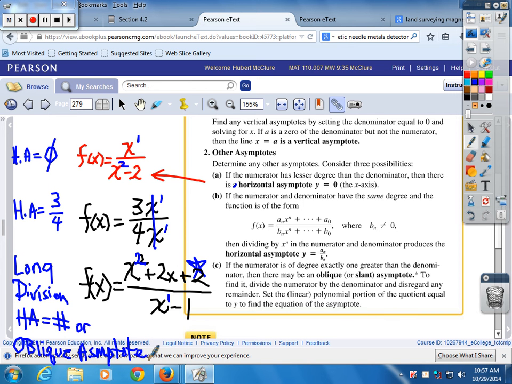So there's your 3 examples of how to find the horizontal asymptote. So you need to be able to find the vertical asymptote and the horizontal asymptote. So let's look at a couple of examples. I'll let you finish writing that down.